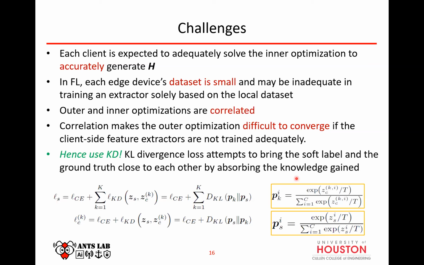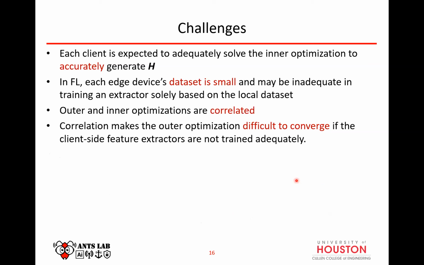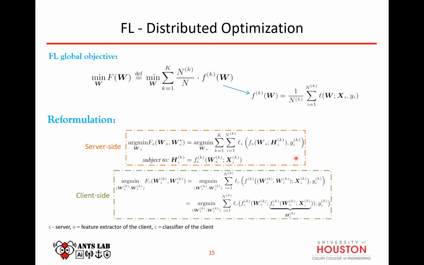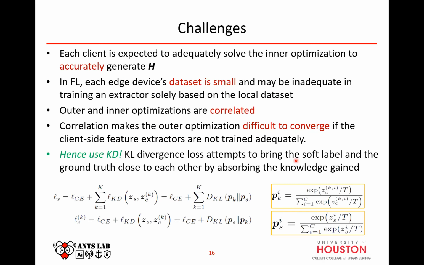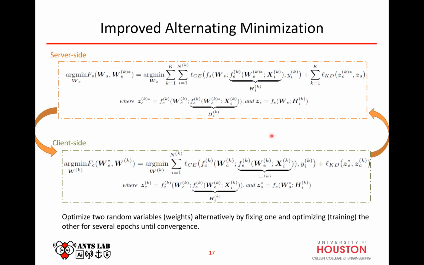So moving on, from the previous slide, we saw how the problem was reformulated. Now, after introducing the knowledge distillation and the KL loss part, we substitute it back and provide an improved version of the reformulated problem.